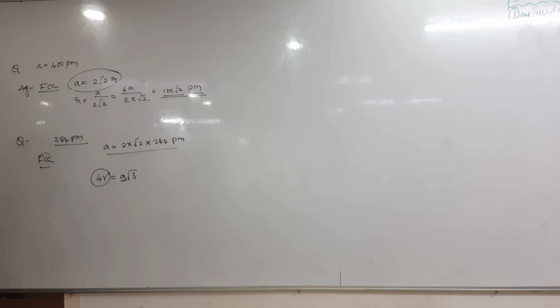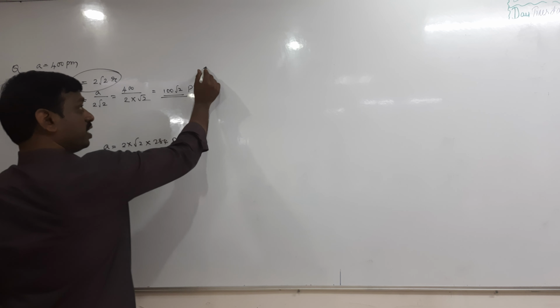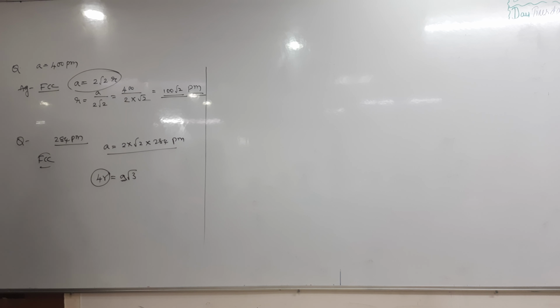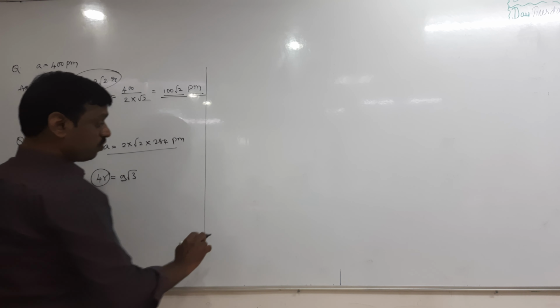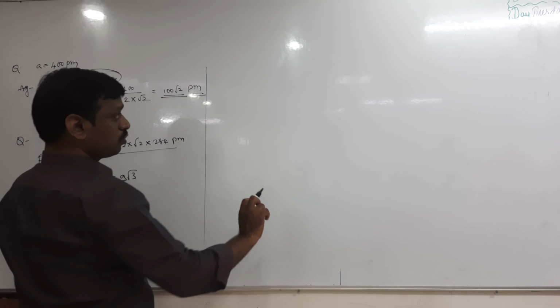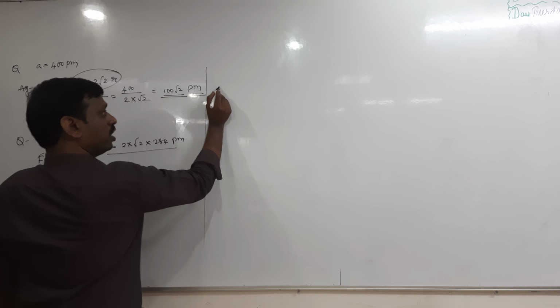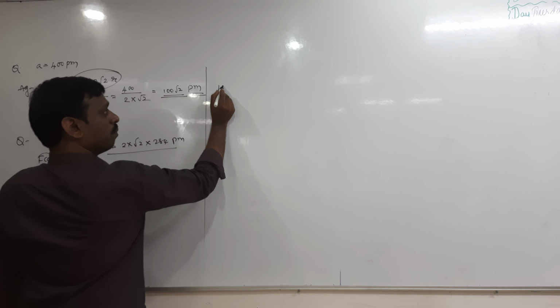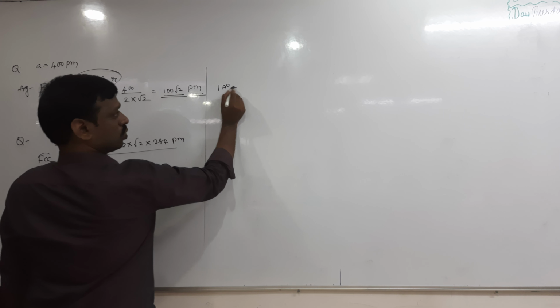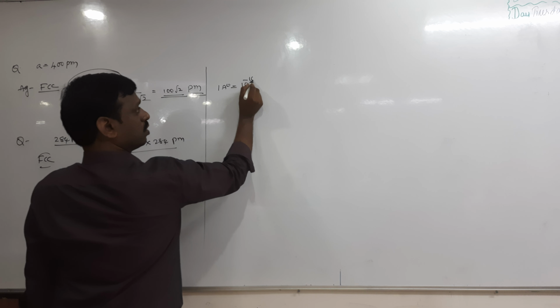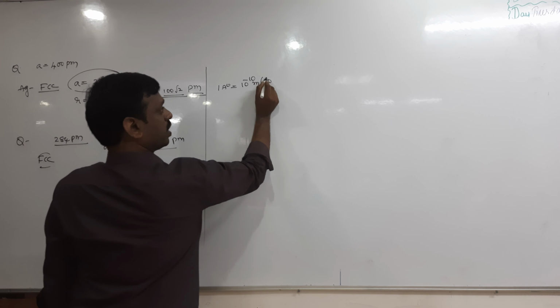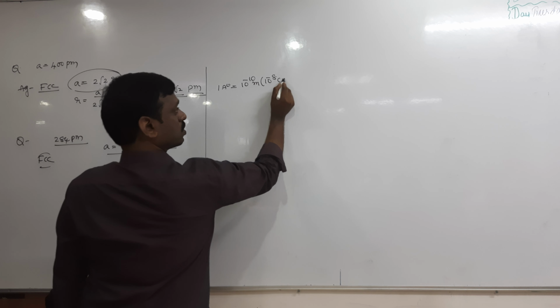We'll get it in picometer, right? Sometimes the option may be nanometer, sometimes angstrom also. Then how to convert these units? You should know 1 angstrom equal to 10 power minus 10 meter or 10 power minus 8 centimeter.